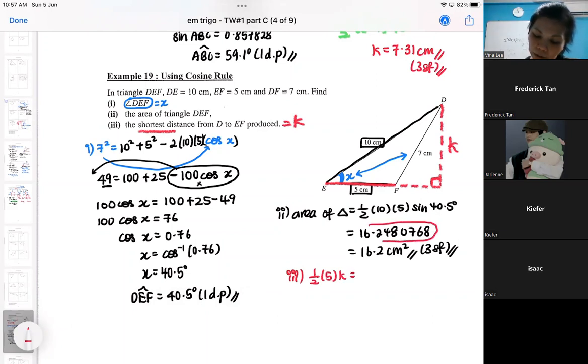The area that you are using shouldn't be the 3 SF area. It should be the unrounded area so that you don't lose accuracy.